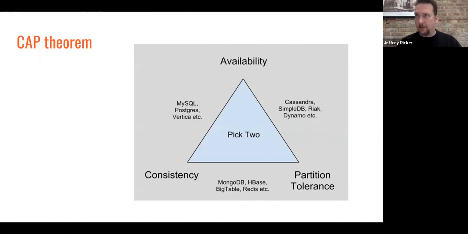I'll pause there and ask if there are any questions on that. All right. So as you can see, with Cassandra, SimpleDB, and Riak and Dynamo, you're faced with, it's not consistent. So you can actually have two things changing the same state at the same time, which is the fundamental challenge we're trying to overcome.